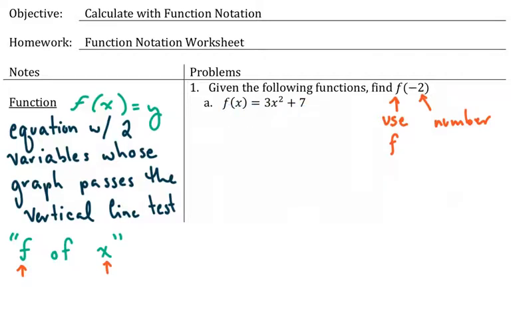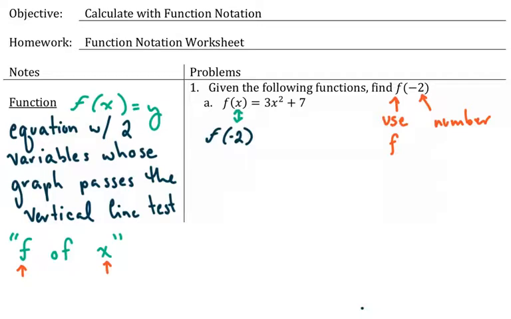I gave you a couple functions to practice on. Here's the first one. f of x is equal to 3x plus 7. So the idea here is we want to know f of -2. What that tells us is that x is going to be -2. As you can see, they're in the same positions.